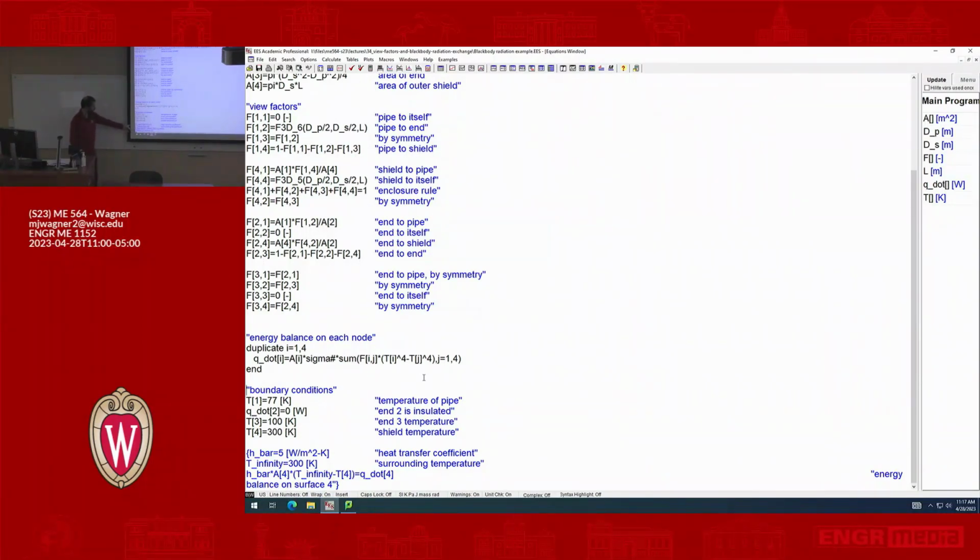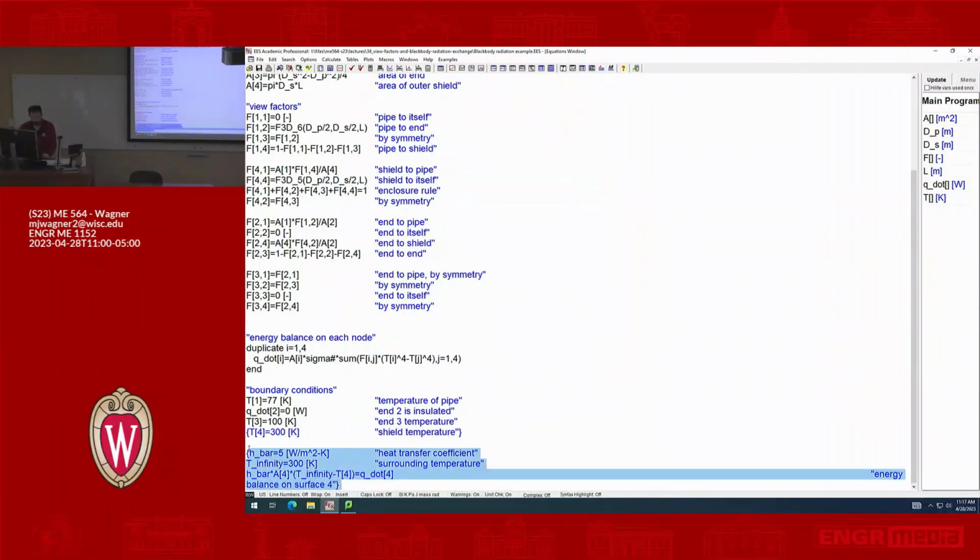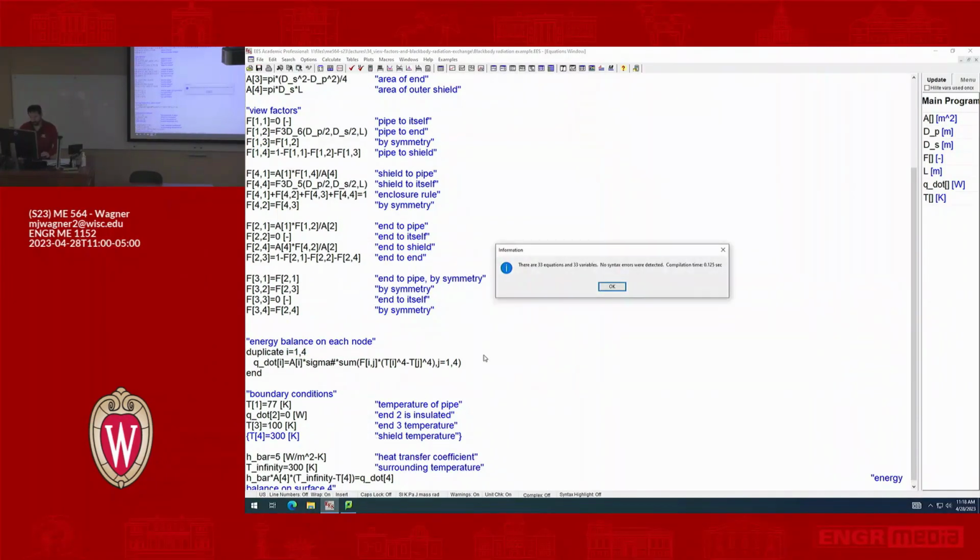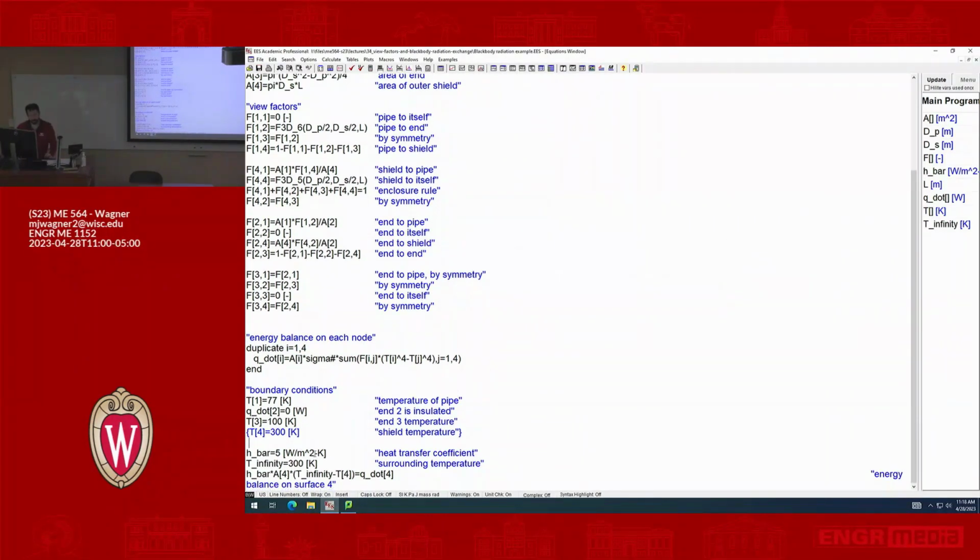So let's say that instead of specifying it, let's give it some convection condition with the surroundings. I'm going to comment this out here and add a new condition. Let's see if this works. What I'm saying is T infinity, the surroundings temperature, is 300 now.